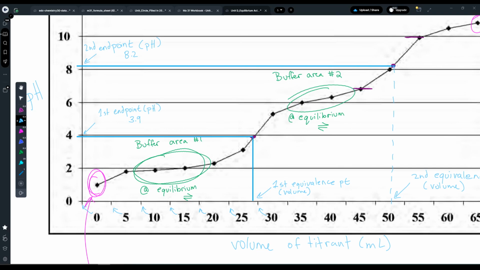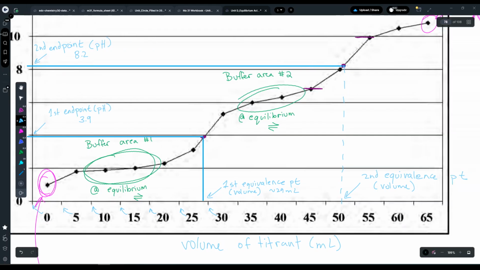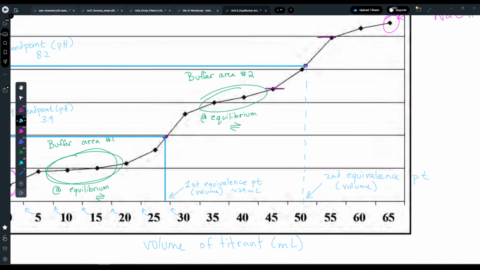So we'll say about 29 milliliters. All right, so 50 is right here, 55 is right there. So for the second equivalence point, I would say that's happening somewhere around 53 milliliters.